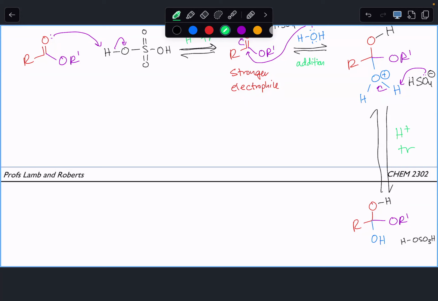Now I'm still not ready to do my elimination step because if my leaving group were to leave, it would form a negative charge, right? You can't form negative charges in this very strongly acidic medium. So we're going to make our leaving group a better leaving group by protonating it.